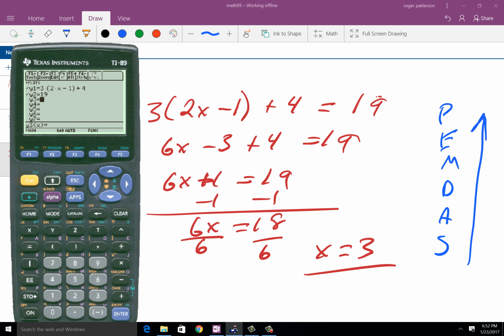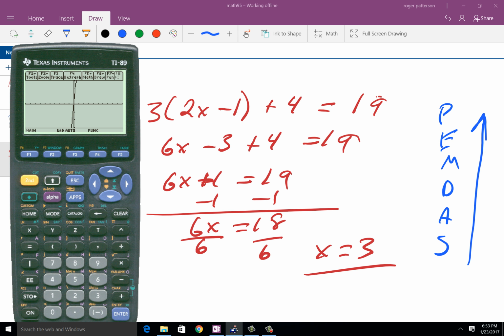I don't want to go too fast here, so we're good? Alright, so on the 89, I'm going to go diamond and graph, and I'm going to get that. Now, I know I should have another line there, but I don't see it. And unfortunately, I can't do this. It won't work. So I'm going to have to do something else.